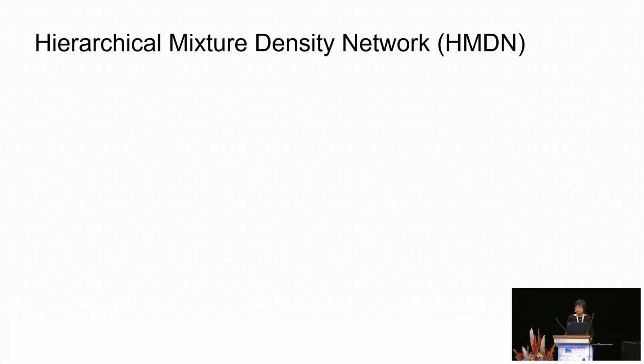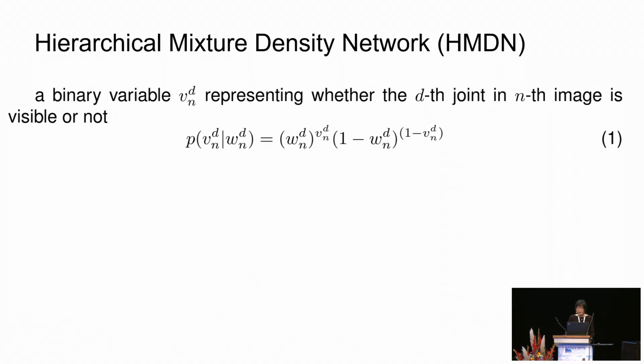We propose to solve this problem by a two-level hierarchy. In the top level, we have a visibility variable V representing whether a joint is visible or not. In the bottom level, the joint locations are modeled depending on the visibility.